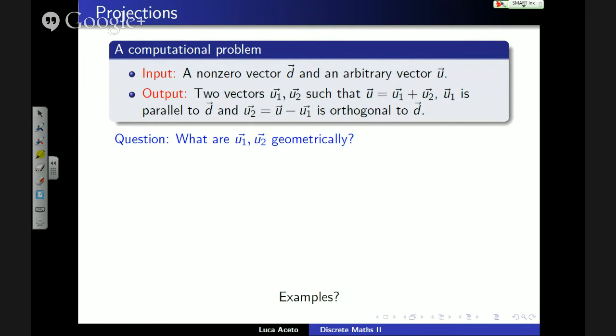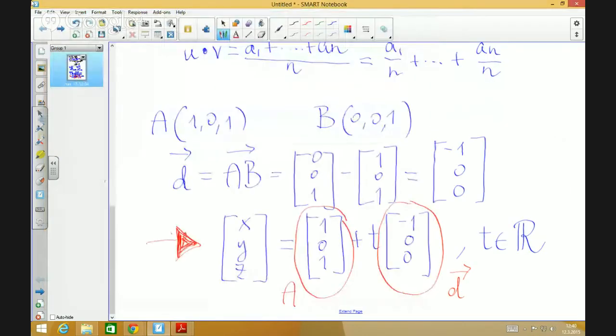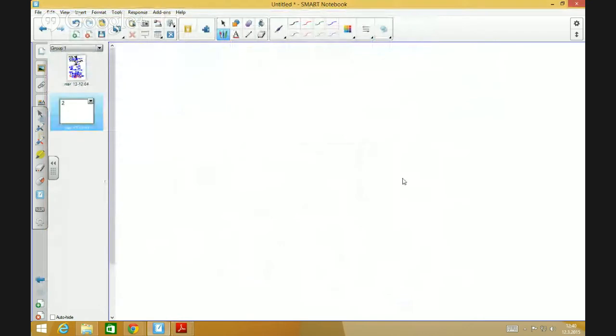Question is, how can we find these two vectors u1 and u2 with these two properties such that u is actually the sum of these two things. Let's try to draw a picture. And I say try because sometimes I'm not very good at it. Okay, so let's see.